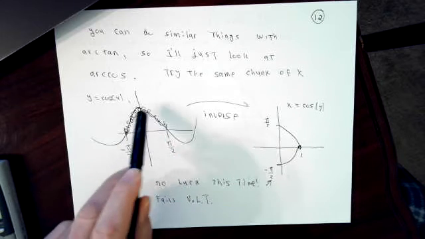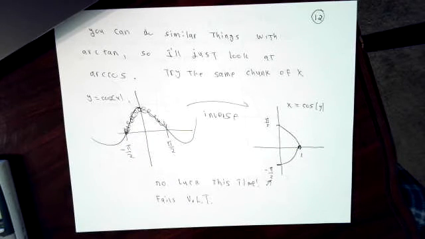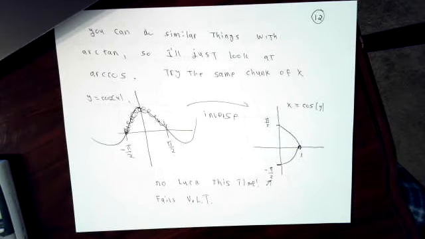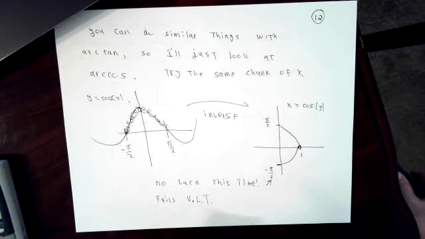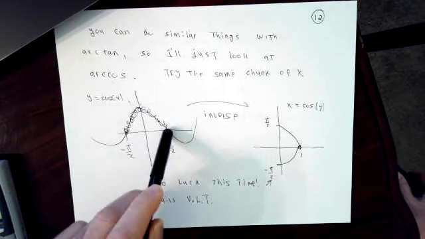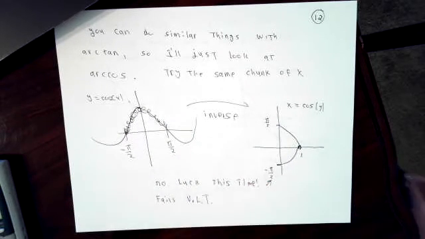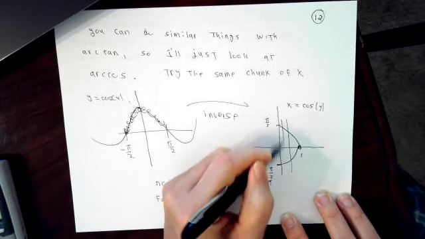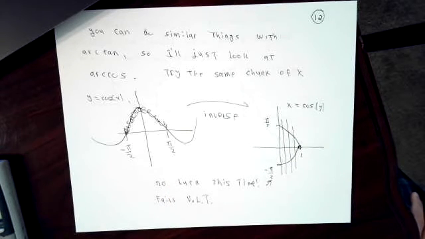If I take this piece of the cosine graph, y equals cosine x, and flip it so that x is cosine y, this part becomes this part, and it's no good. This attempt fails the vertical line test, so this is no good. It's not the graph of a function.